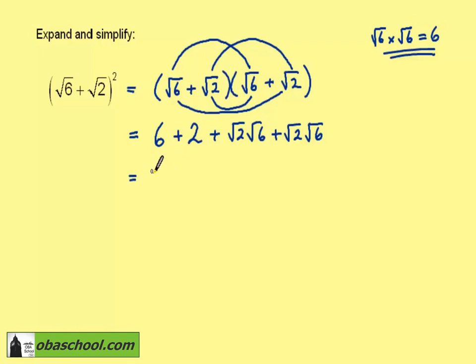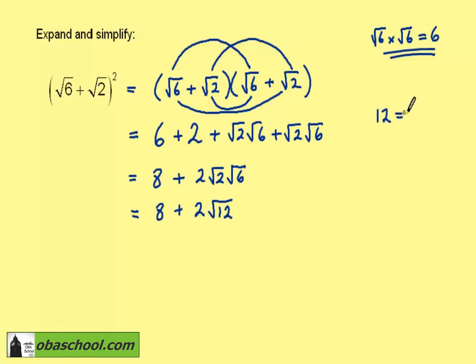6 plus 2 is 8. And then we have 2 lots of root 2 root 6. So we have 8 plus 2 lots of root 2 times root 6, which can be written as root 12.